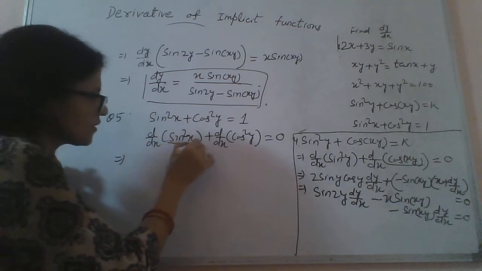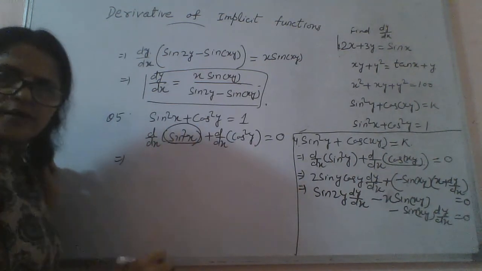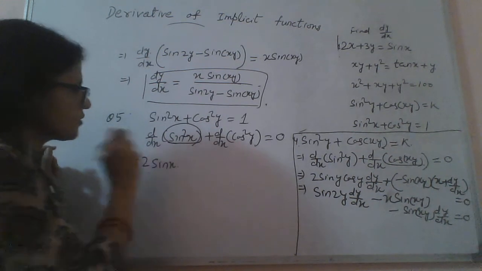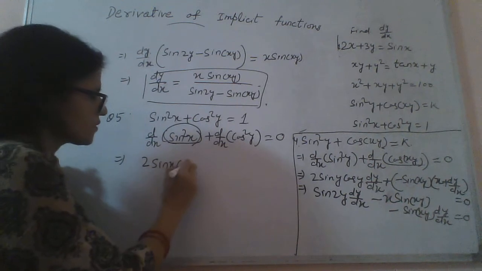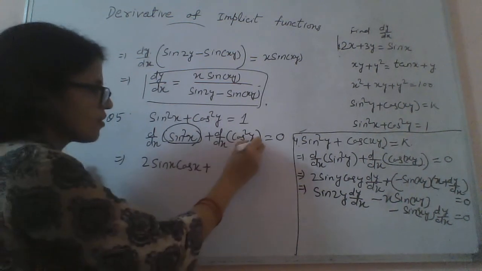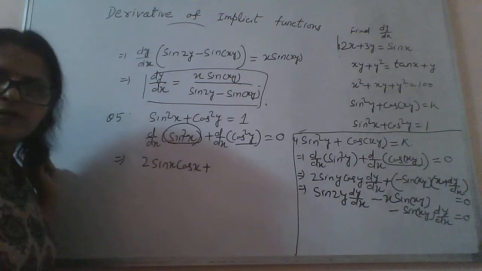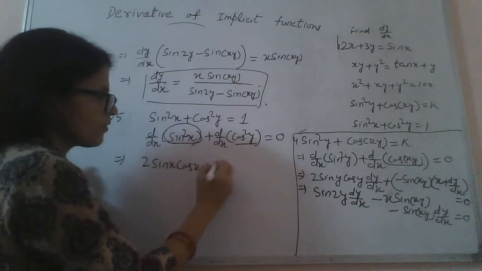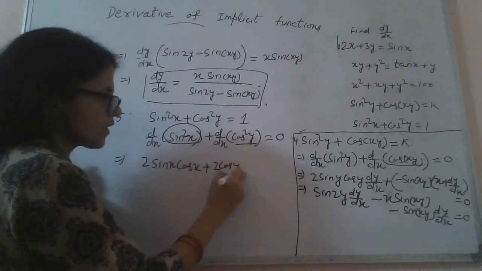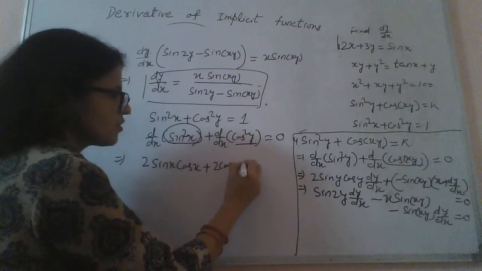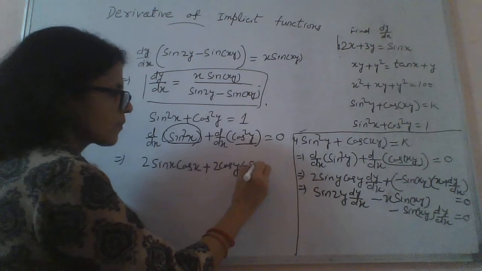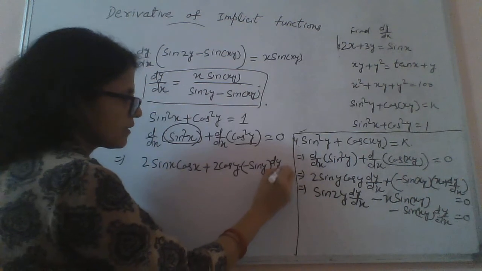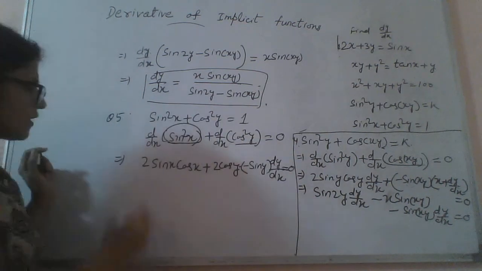While differentiating this, derivative of sin square x with respect to sin x gives 2 sin x, and sin x with respect to x is cos x, plus cos square y is a function of cos y, a function of y. Derivative of cos square y with respect to cos y is 2 cos y. Cos y with respect to y is minus sin y. Y with respect to x is dy by dx. That is equal to 0.